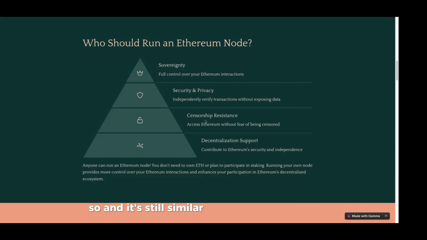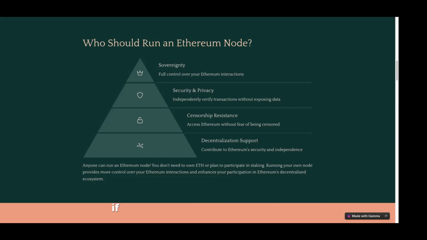And it's still similar to decentralization support. So basically, you're contributing to the network security independently, because as you're running your own node, it means you're also ensuring that the network is distributed.